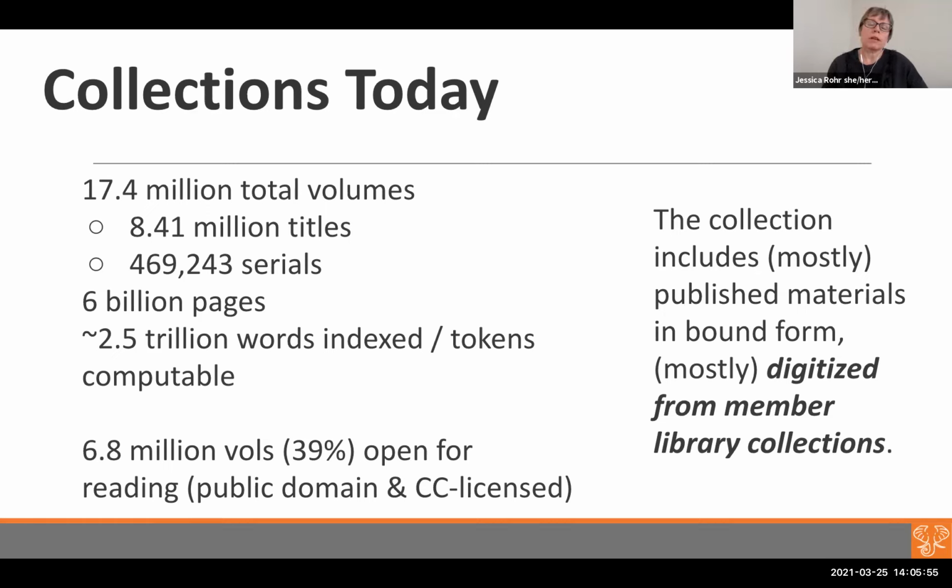So just remember that the contents of the collection were contributed by HathiTrust members. More than 60, I think fewer than 70 members do contribute digitized content. So everything that's in the collection is coming from an academic or research library.